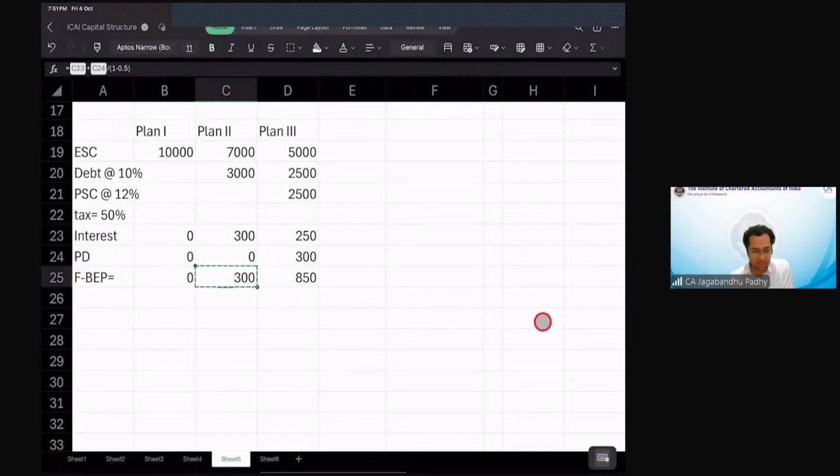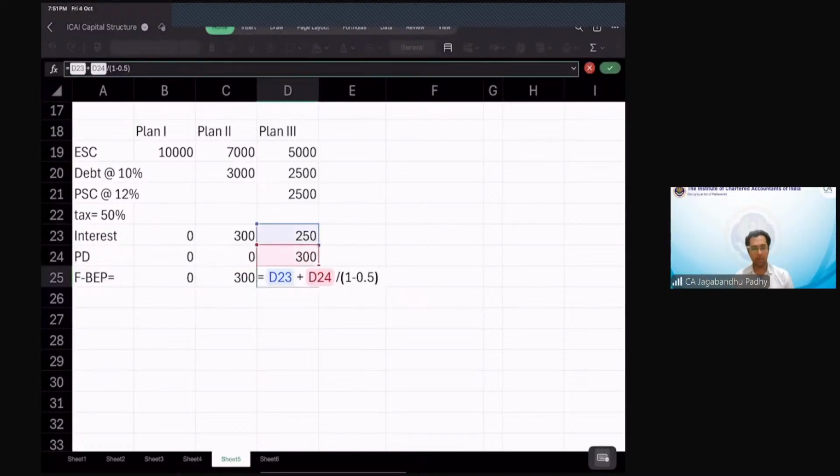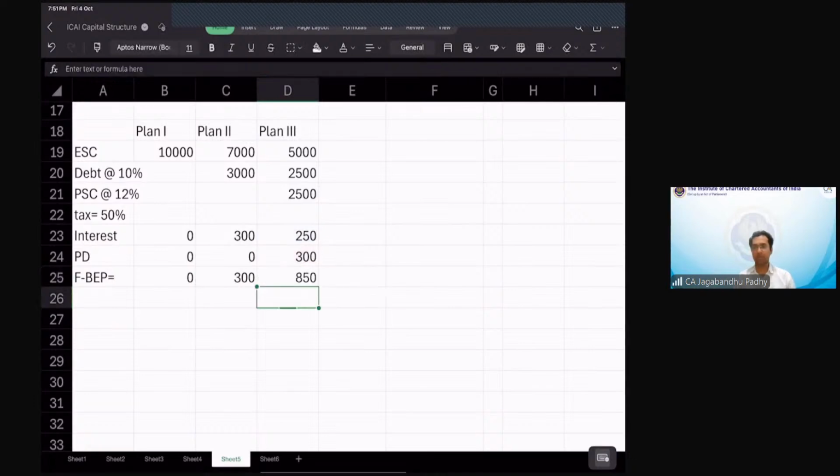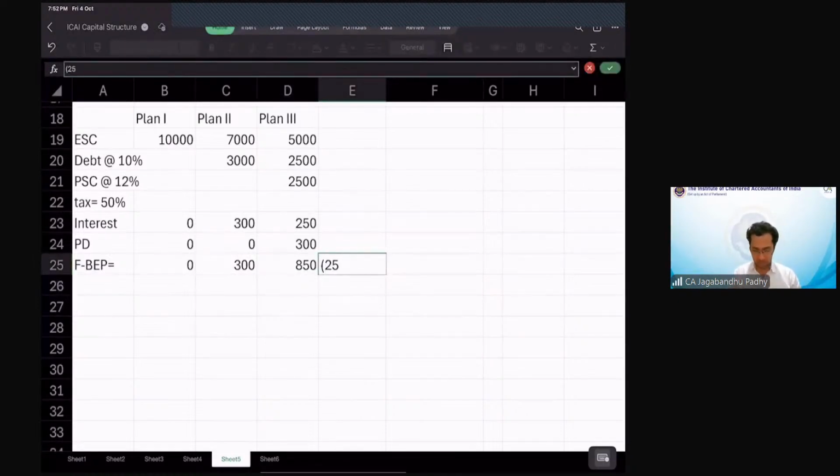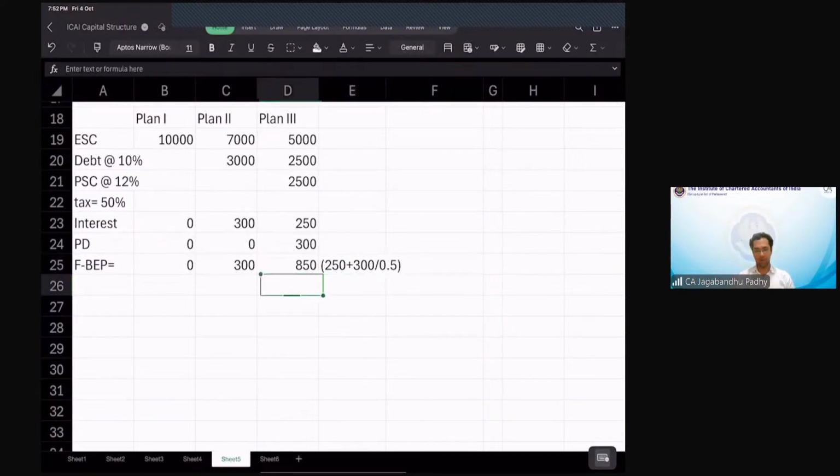In the second case, it is interest plus 0 upon 1 minus t, and this is of course 250 plus preference dividend divided by 1 minus t. Did we get these financial break-even points, everyone? Using the formula, it's like 250 plus 300 divided by 0.5. And this is just the interest, correct?